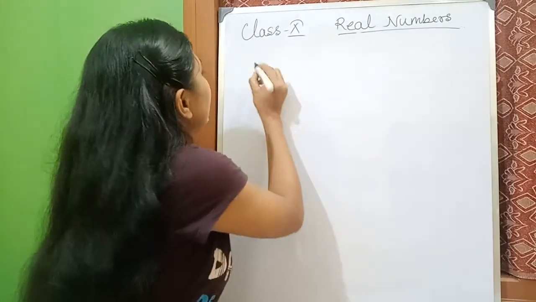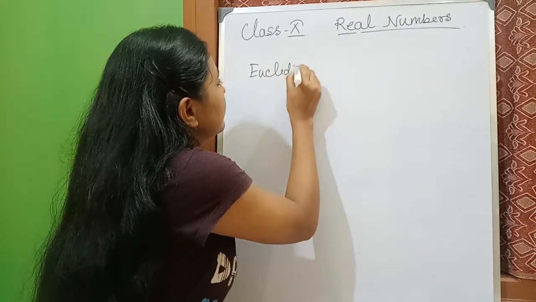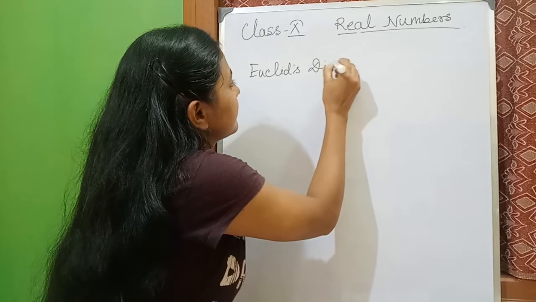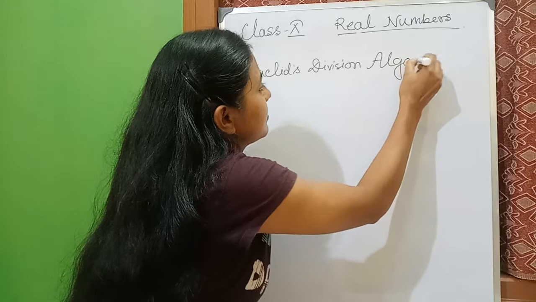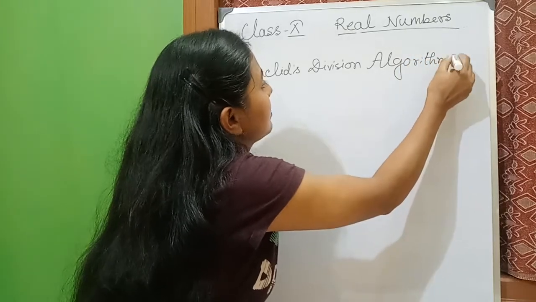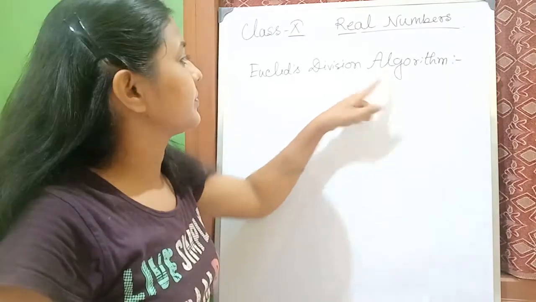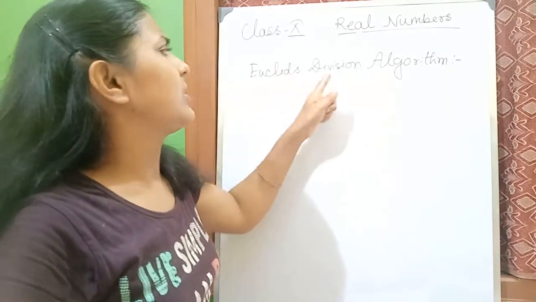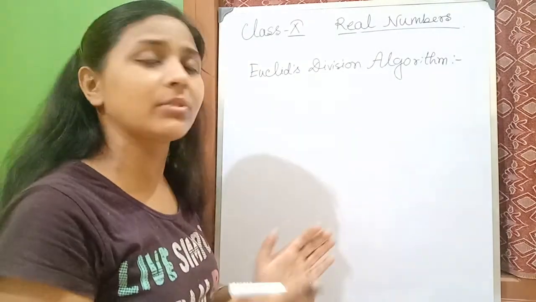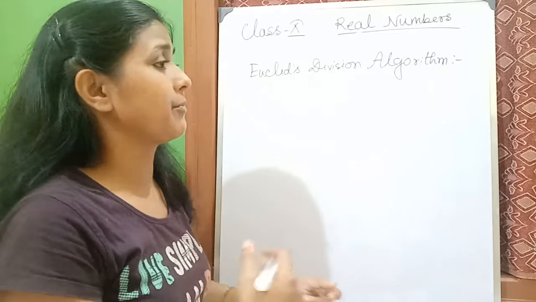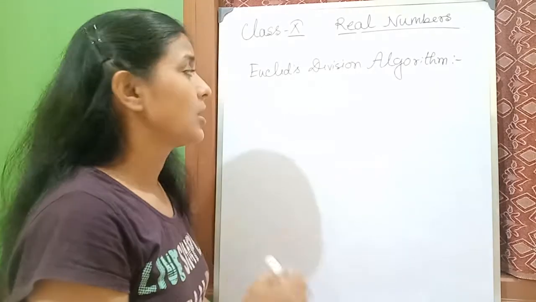Now we will be doing Euclid's division algorithm. Euclid's division algorithm is actually about the steps of how we find the HCF of two numbers.